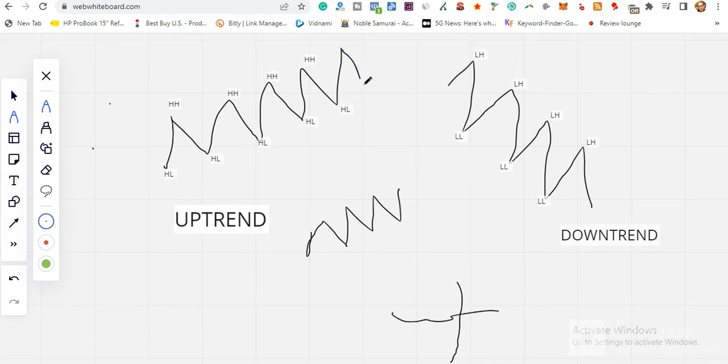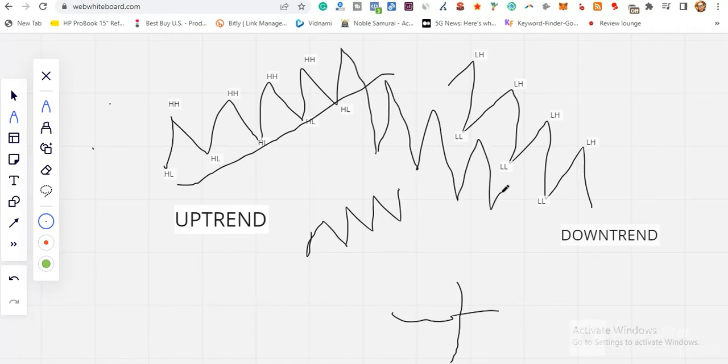When it retraces and goes beyond this previous swing low, the trend is about to change. It has broken this, and this can be my trend line. So what are we waiting for? We're waiting for a pullback. After this pullback, it will start moving down just like this. It should be very easy to understand.